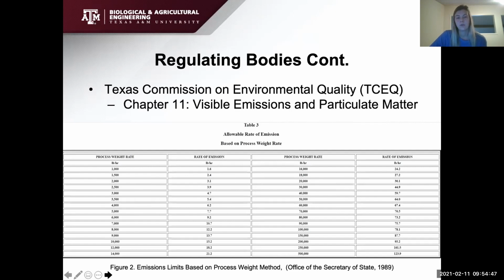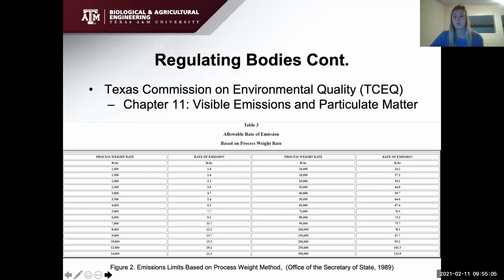So below is a table. It's a lot to process. I really just wanted to throw that down because this is the emissions limits based on a weight method as far as the emissions of dust particulate matter. This is something our client probably has to keep on file and follow.